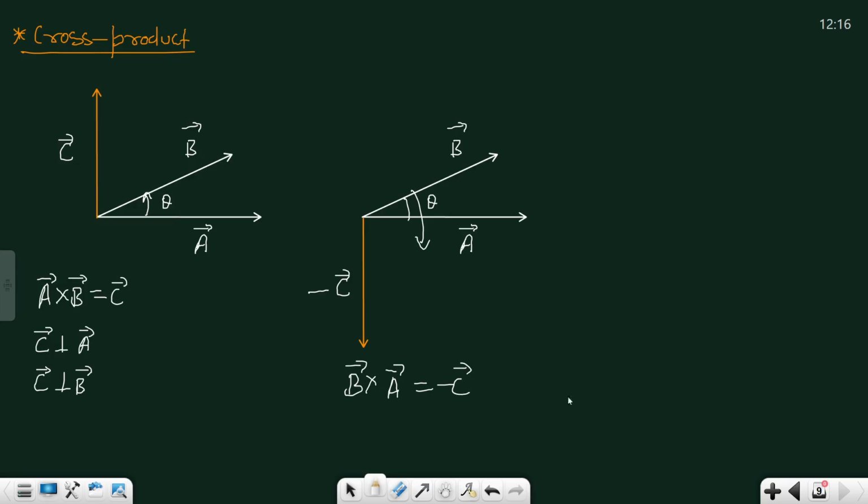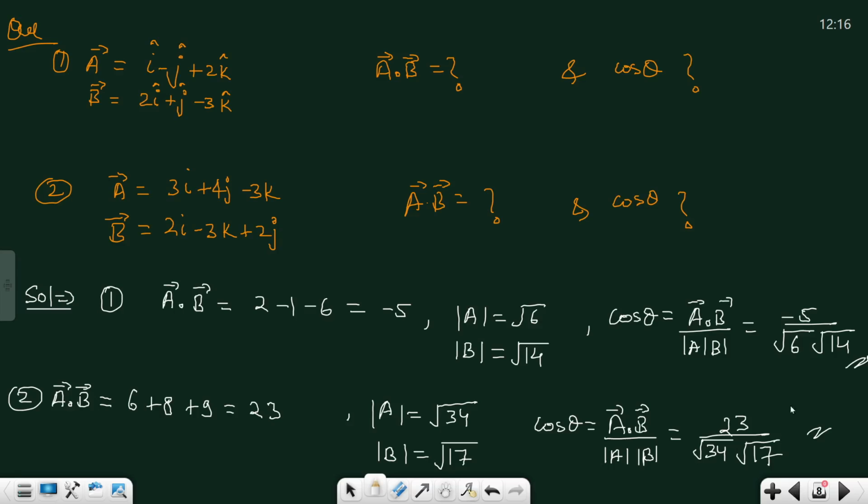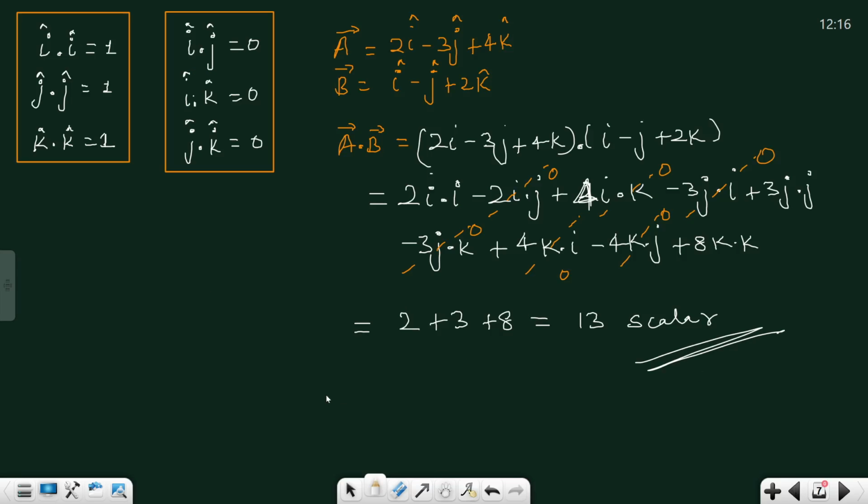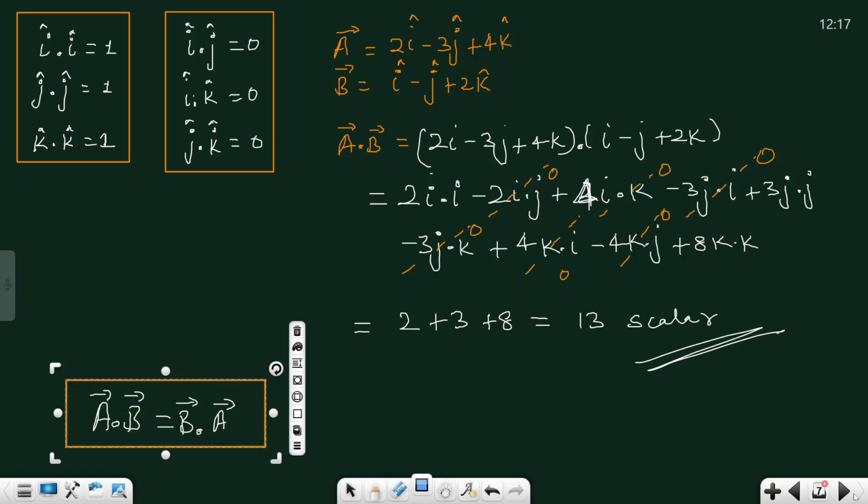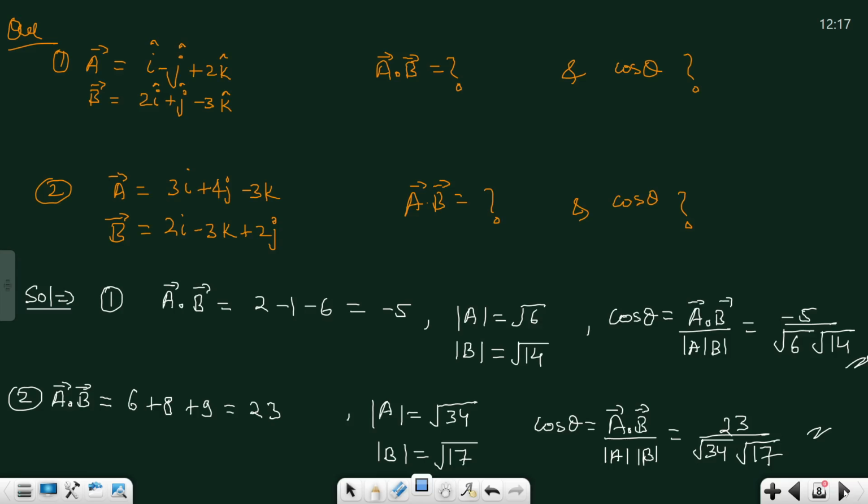Clear? But in case of dot product, A dot B is same as B dot A. Doesn't matter whether you apply A dot B or B dot A, you will get the same result. But in case of cross product, you will get a different direction. Only direction will be different. Magnitude will be same.